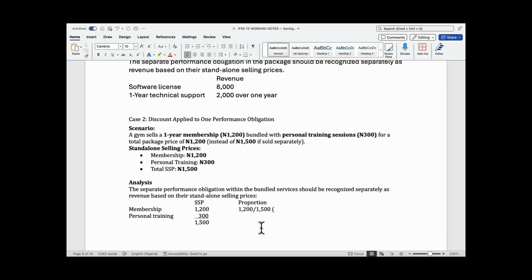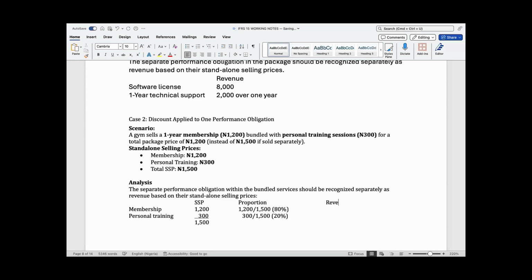Anybody have a calculator there? 0.8. Okay, let's say 80%. And this, of course, will be the balance, 20%.